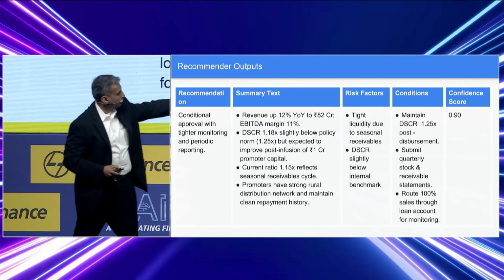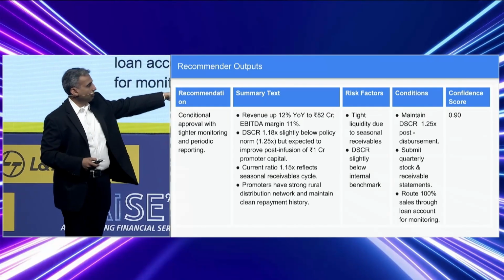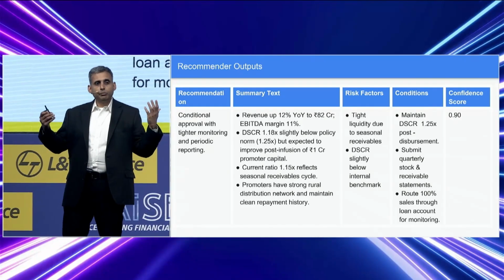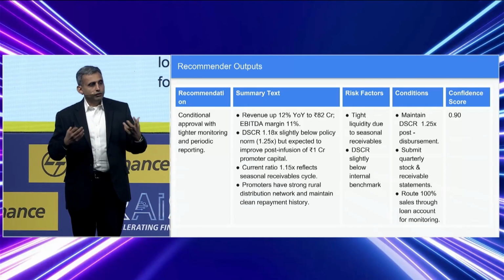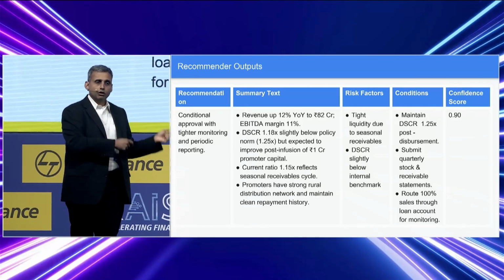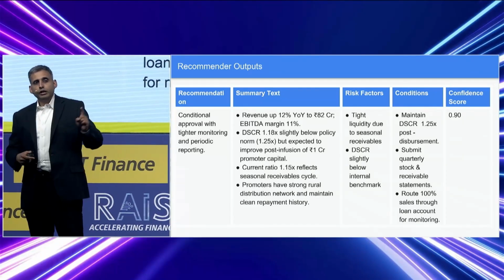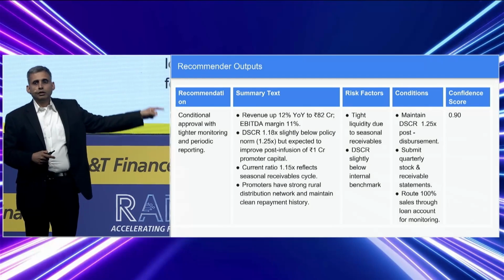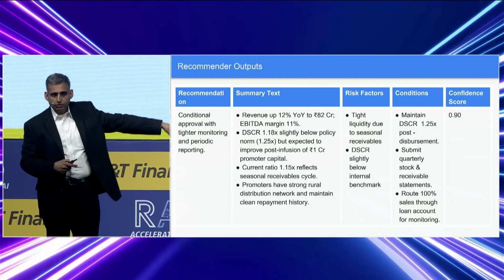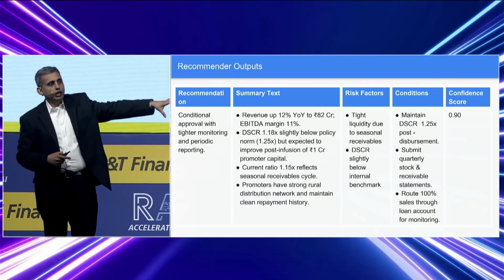And by the way, it also tells you promoters have a strong rural distribution network and maintain a clean repayment history. So it has all of that information from the analysis of the documents that it's done before, right? It's listing out the risk factors, then it's giving you the conditions, and it's giving you a 90% confidence score.